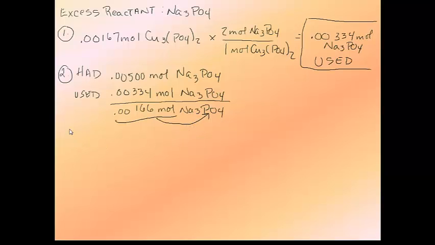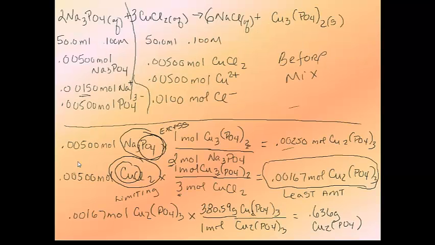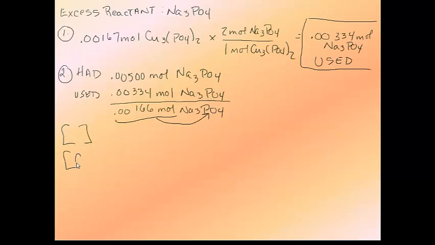Alright, now concentrations of all the substances, and I'm going to start with the easiest one. Brackets mean concentration. The limiting ion was the copper, so the copper 2 is gone, so that's the easiest one. It's 0.